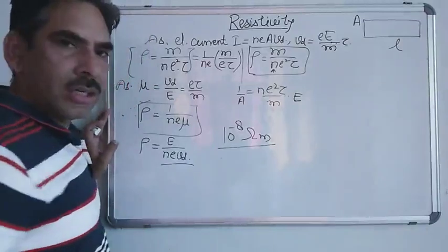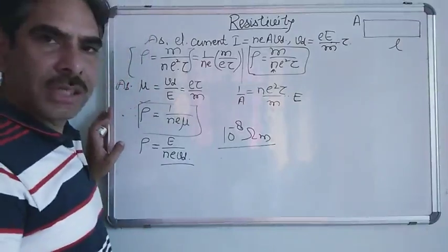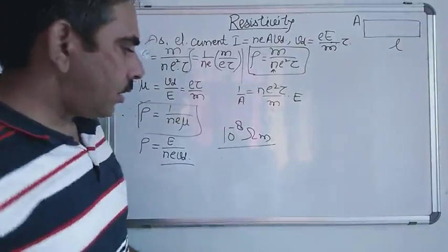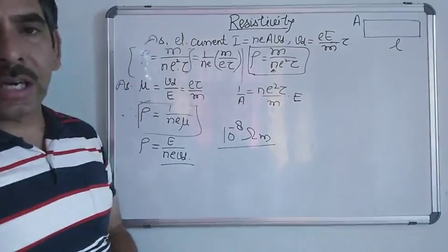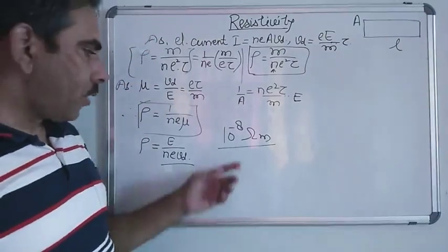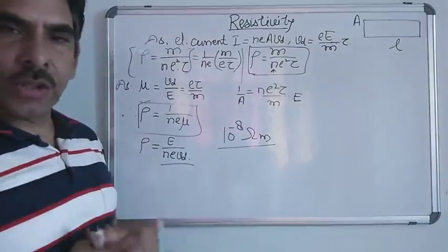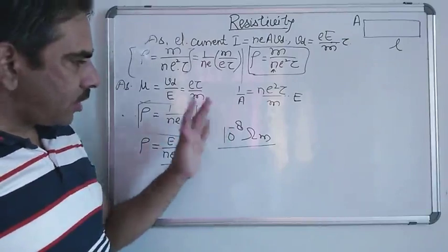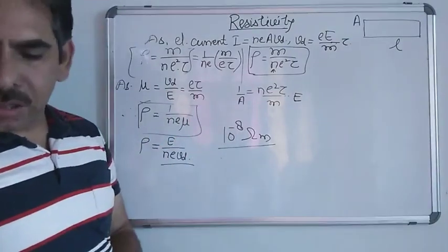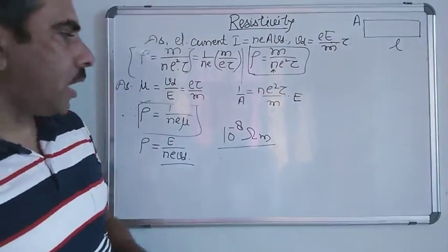For alloys of the same metals, the resistivity is quite high. And for semiconductors, it lies between that of insulators and conductors. So this is about the resistivity of different kinds of materials.